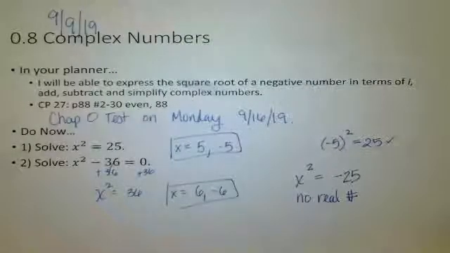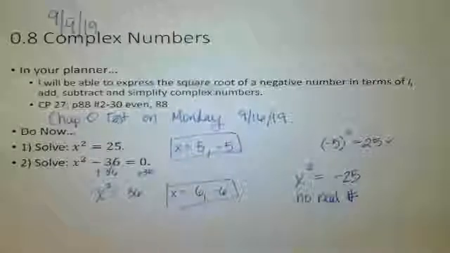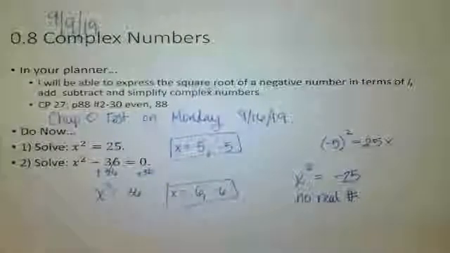And because there's no real number, and by the way, a real number is any number you can think of. Big negative, positive, any number you can think of is a real number. So because of this problem, the guys way back when said, we need to be able to solve these.